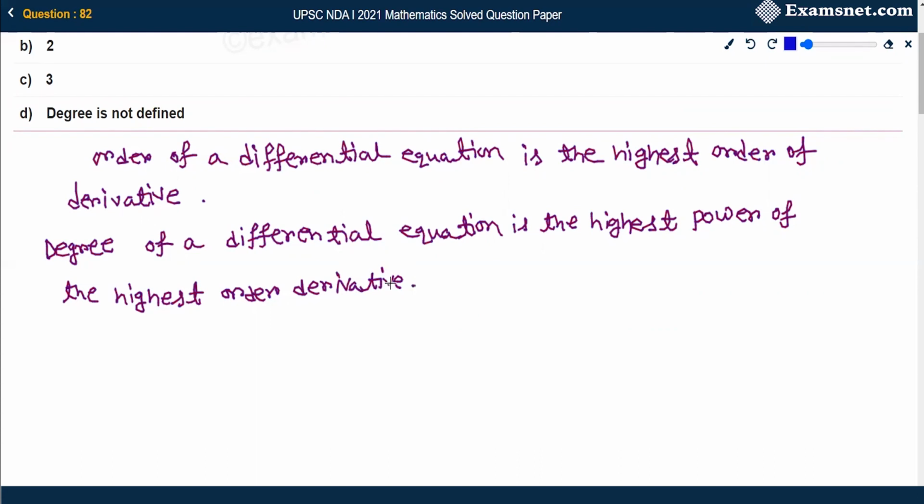Okay, and also the derivatives are, after the derivatives are converted into rational and radical free form.